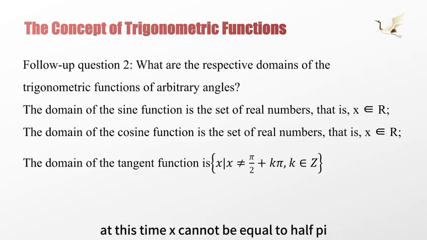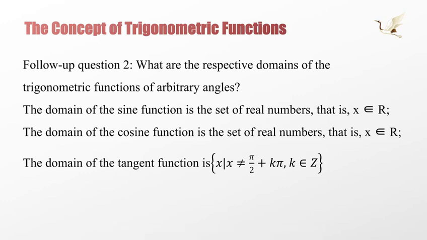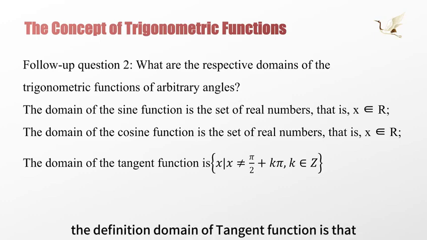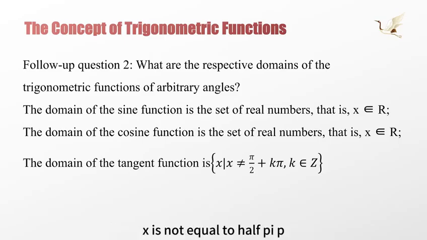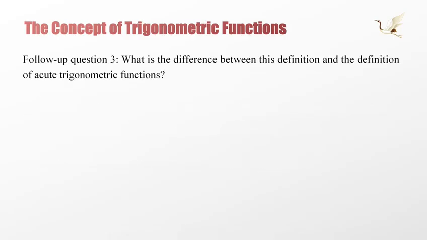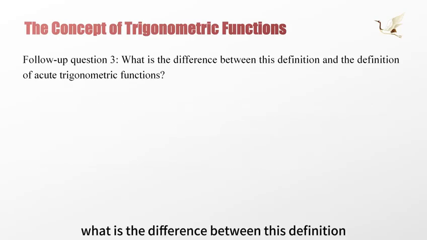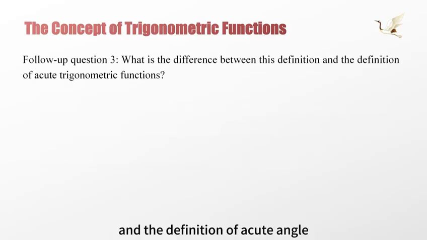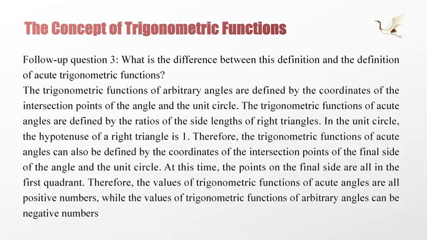At this time, x cannot be equal to pi over 2 plus k pi, where k belongs to Z. Therefore, the domain of the tangent function is that x is not equal to pi over 2 plus k pi, where k belongs to Z. What is the difference between this definition and the definition of acute angle trigonometric functions?